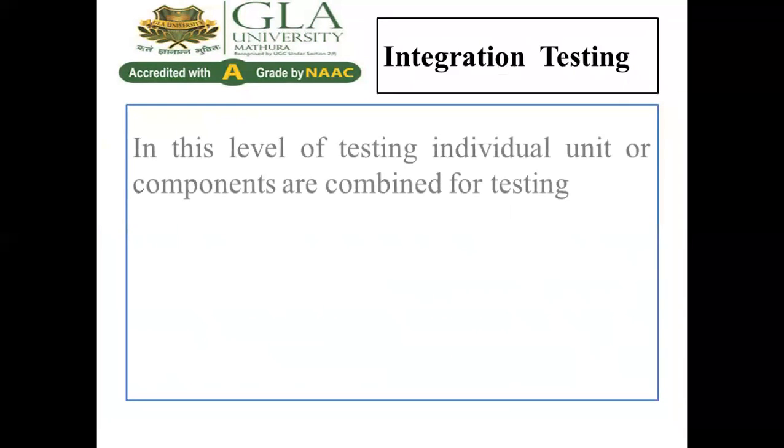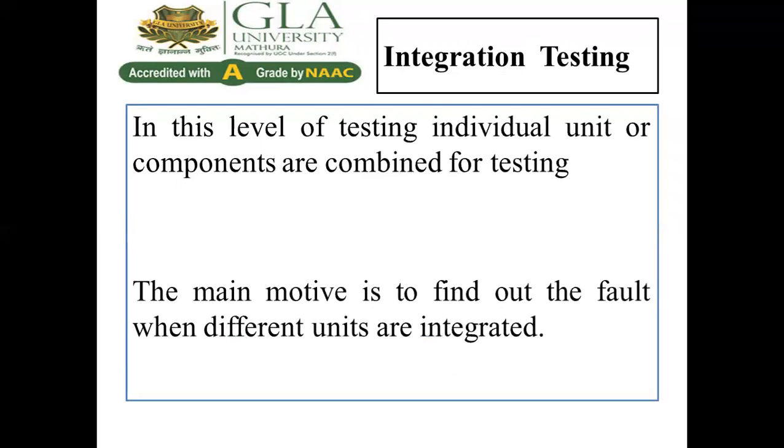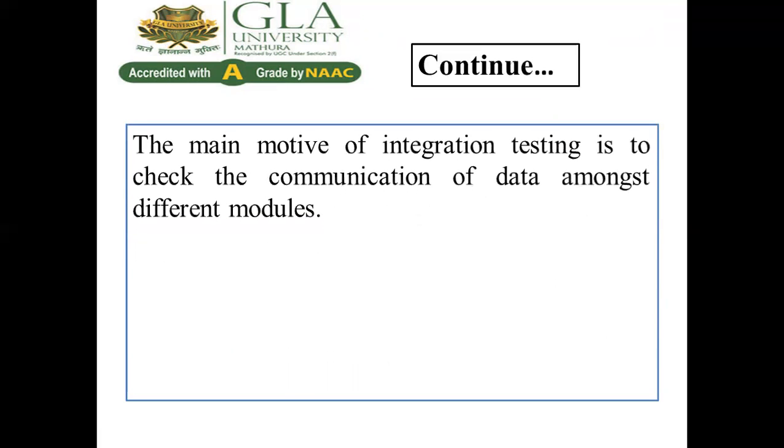Next is integration testing. Integration testing is when we are combining our different modules, our different units, and we are performing testing. So it will be known as integration testing. The main motive of integration testing is to find out the faults which may occur after the integration of different modules. And the main motive is also to check the communication of data amongst different modules.